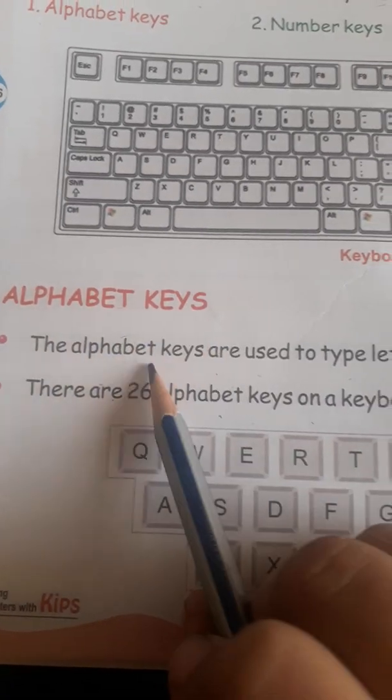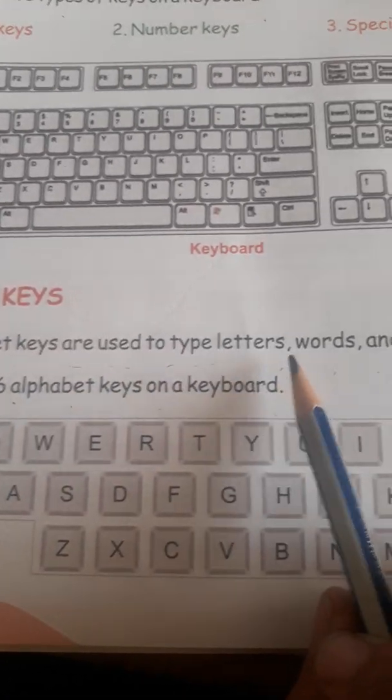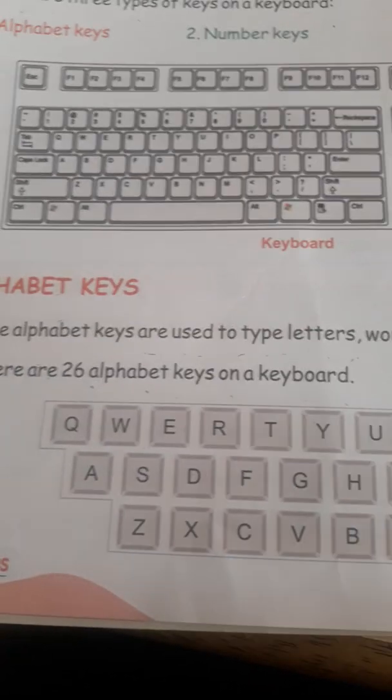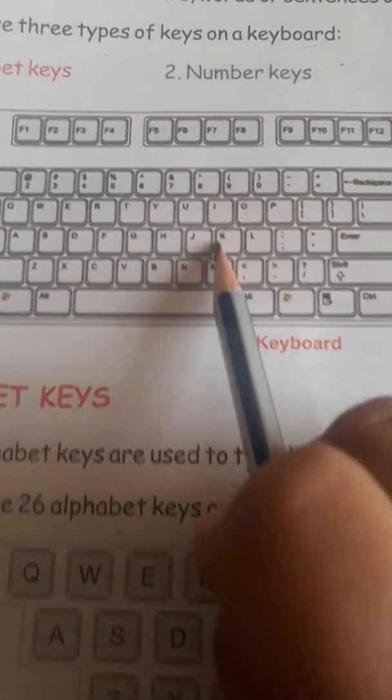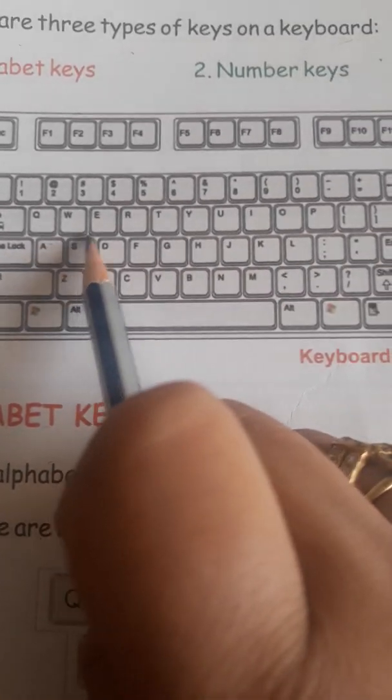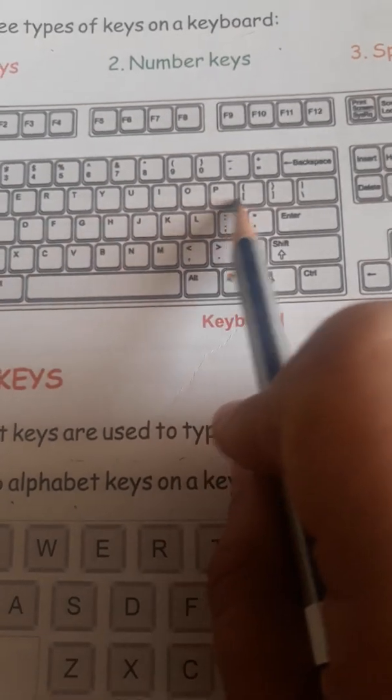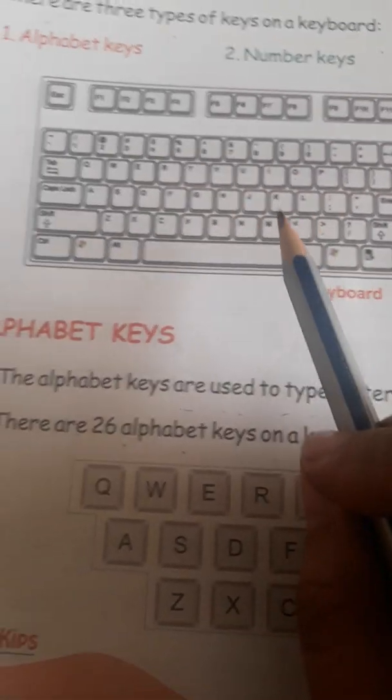Okay, so alphabet keys. The alphabet keys are used to type letters, words, and sentences. And there are 26 alphabet keys on a keyboard. You should know how many alphabet keys there are, like see here, Q, W, E, R, T, Y, U, I, O, P, all these are alphabet keys, right? And they are total 26 in number.